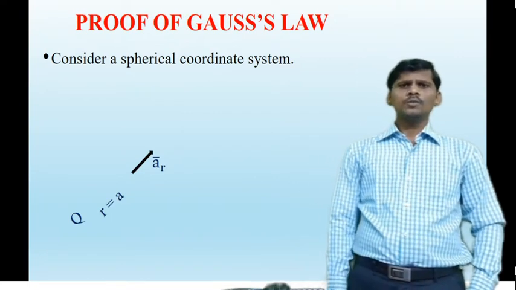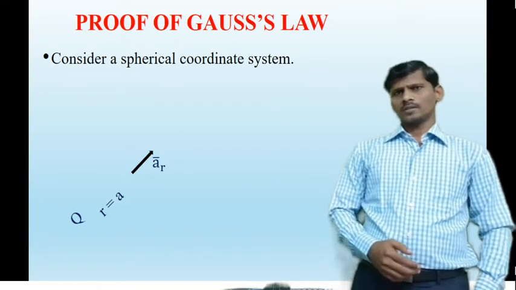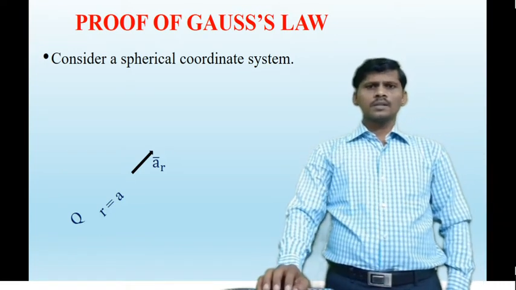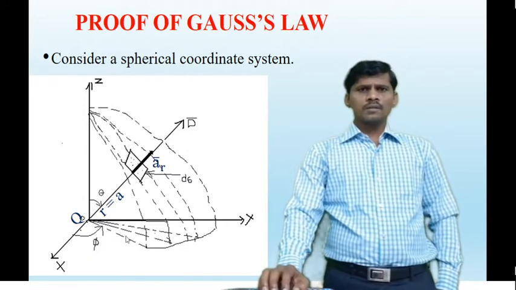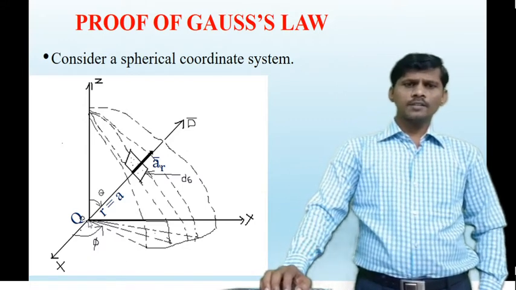Next, coming to proof of Gauss law. Consider a spherical coordinate system. A point charge q is located at the origin.